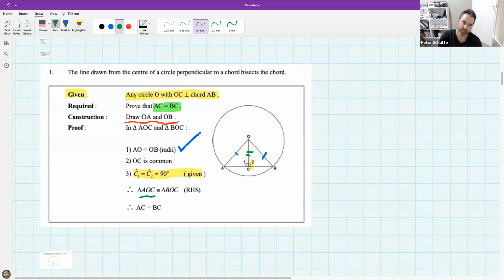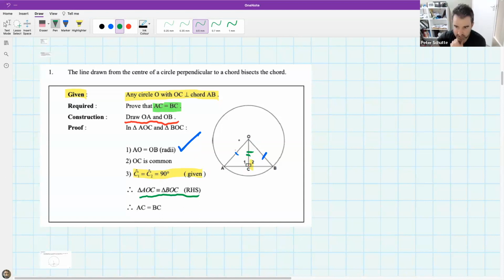So give me a thumbs up if you understand why we must use RHS, or right angle hypotenuse side, when we prove that these two triangles are congruent. Whereas the last time we had to use SSS.